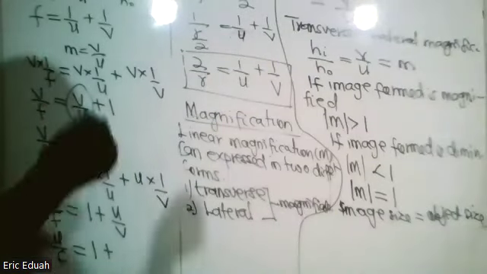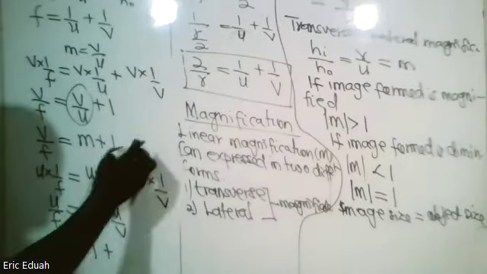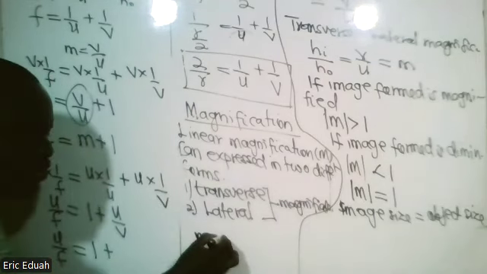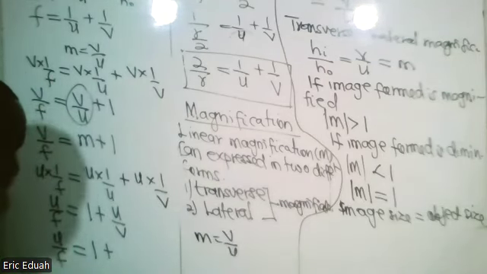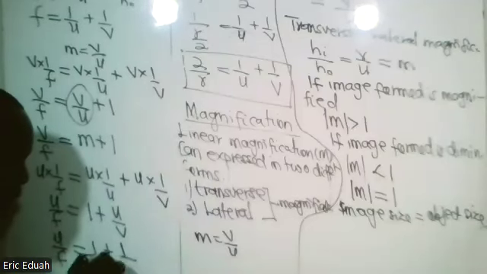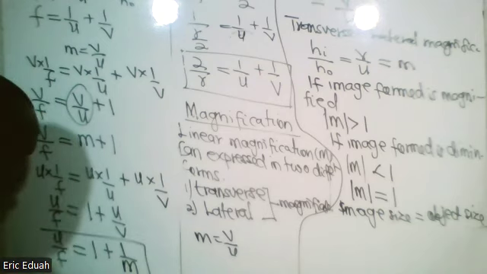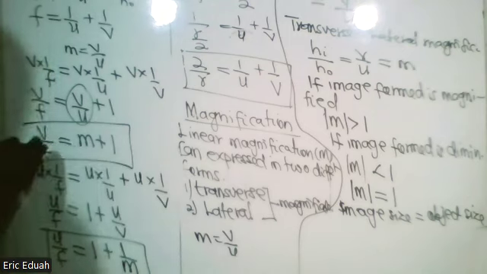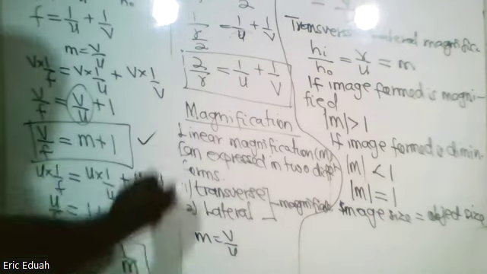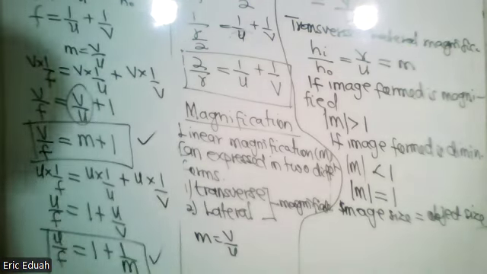u on v is equal to the inverse of M. Magnification M is equal to v on u. So u on v is the inverse of this. So 1 plus 1 on M. This is another different way of expressing it. So the magnification can be this or can also be this.